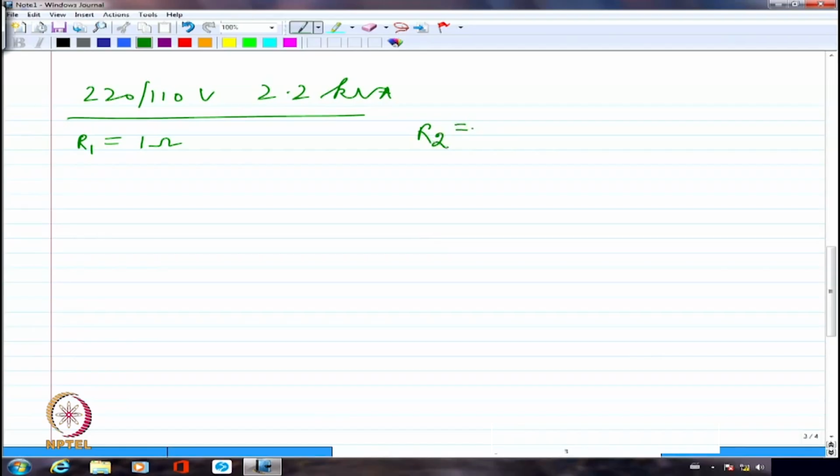Similarly, I am taking X1 probably as say 3 ohm. Here I should have had X2 to be probably 3 by 4, that is 0.75. But rather than that, let me take this to be 0.8. It doesn't matter. Okay?